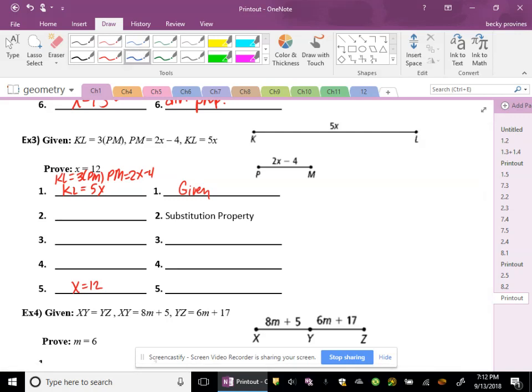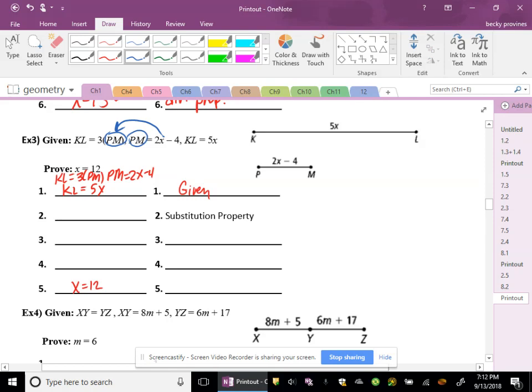Well, on the left, I have this x. That doesn't really help. But here I have a PM, and here I have a PM. So I can take PM out and replace it with what it's equal to. So I'm going to take the 2x minus 4 and plug that right in there.